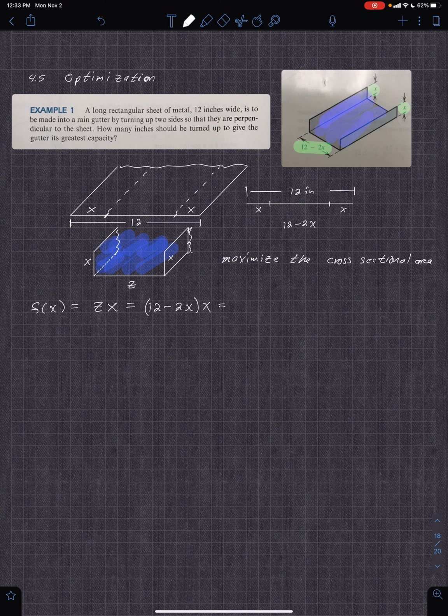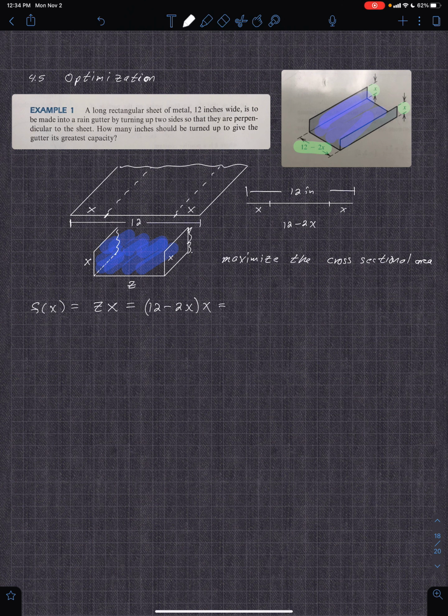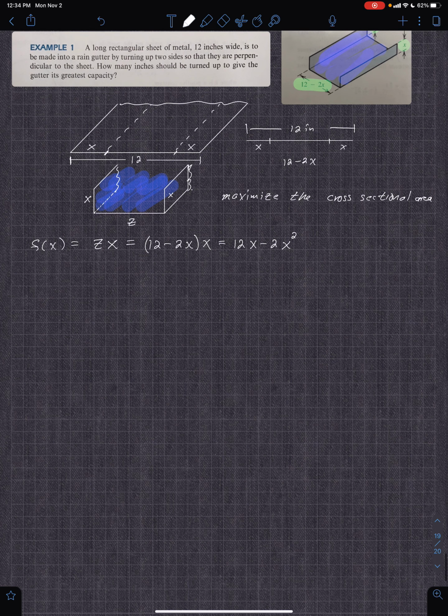And so when you distribute that, you get 12x minus 2x squared. We may want to think of that in terms of a function, interpreting this mathematically, not the trough or the rain gutter right now.